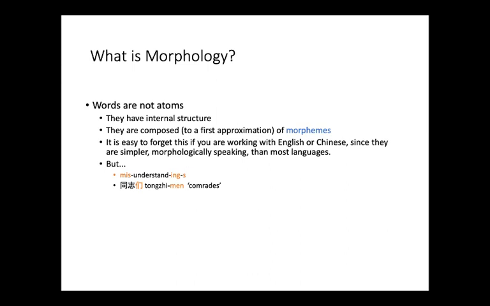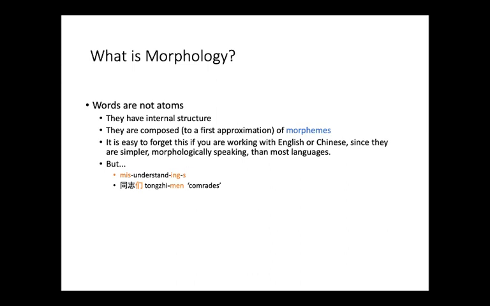Even in Chinese, which has very limited morphology, you still have morphology. Here's an example: 同志们. 同志 is actually morphologically complex itself, because you have 同 meaning shared or common, and 志 meaning cause.